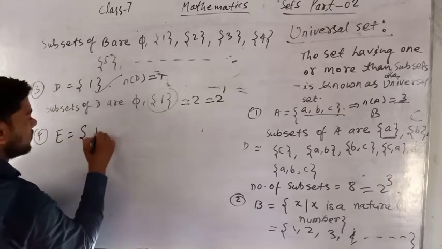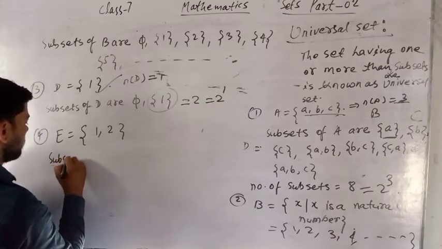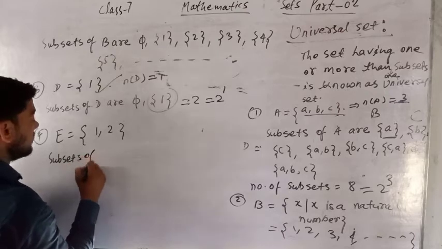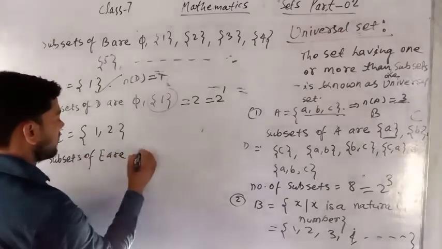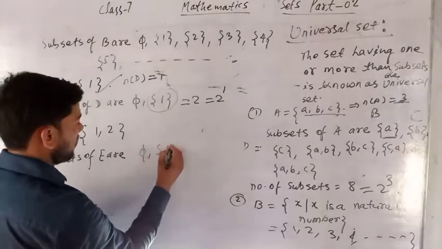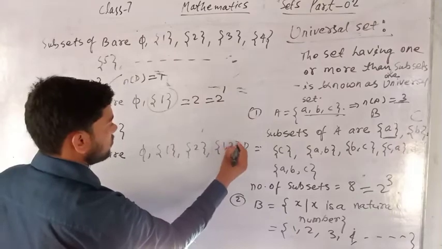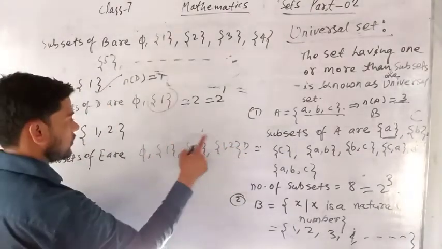Let the set E = {1, 2}. So the subsets of E are phi, {1}, {2}, {1, 2}. See, subsets are 4: 1, 2, 3, 4.